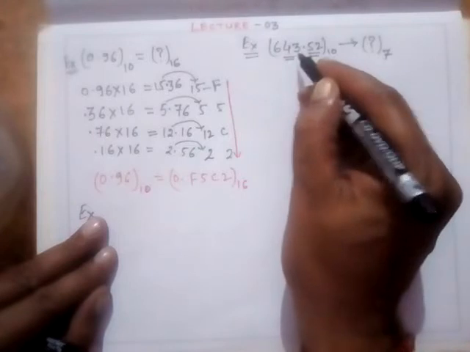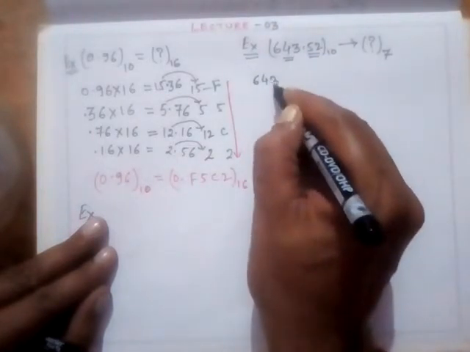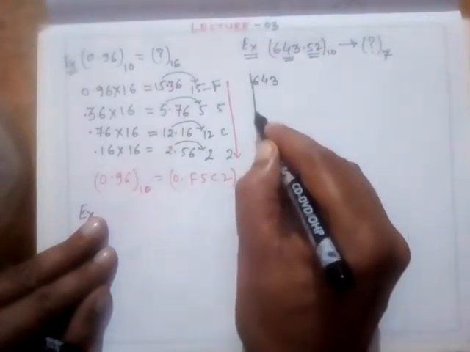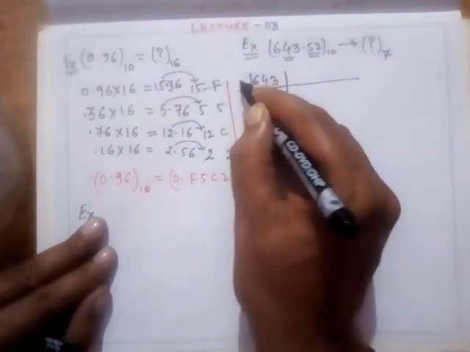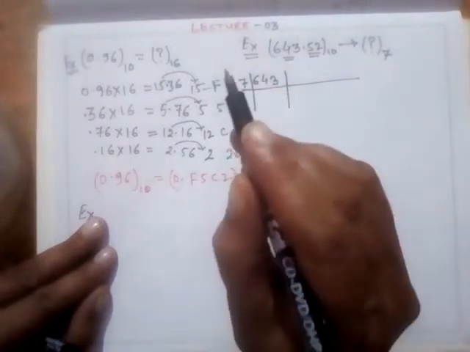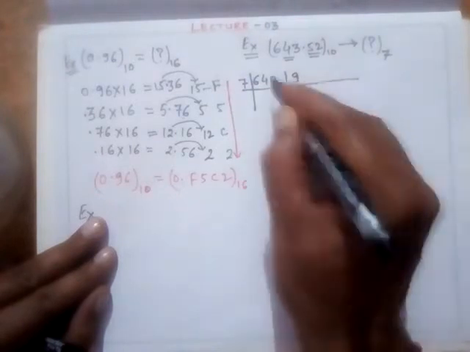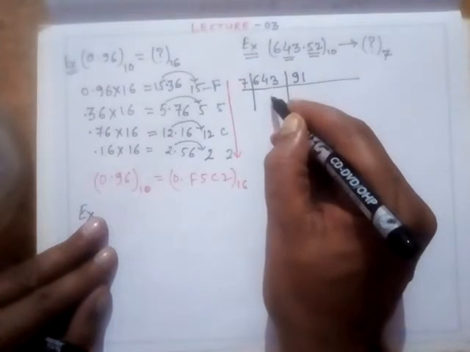So first I take the integer part. I have to convert 643 into base 7, which means I'll do continuous division by 7. So I divide this number by 7. 7 9s are 63, 7 1s are 7, and the remainder is 6.